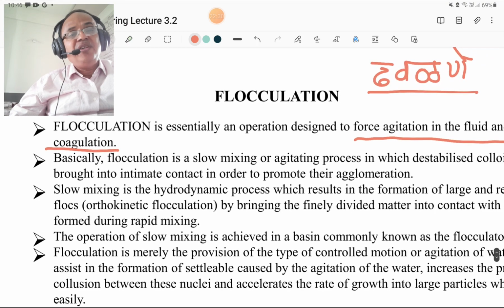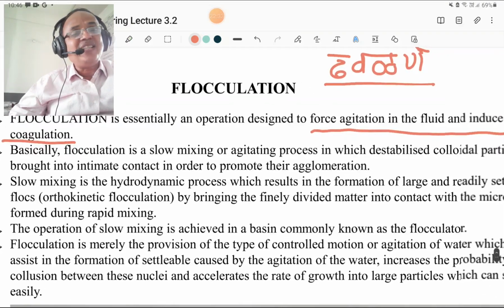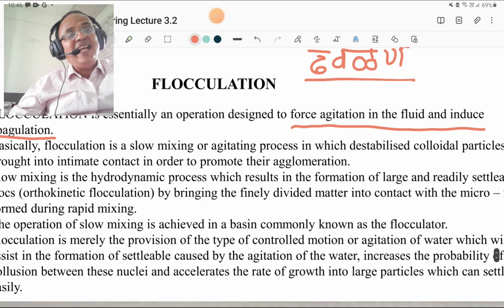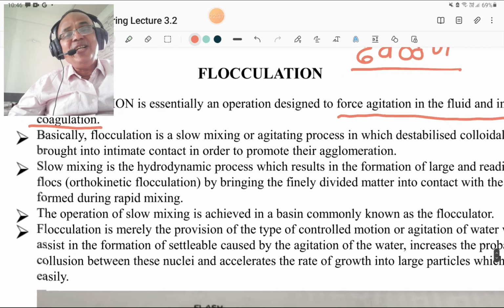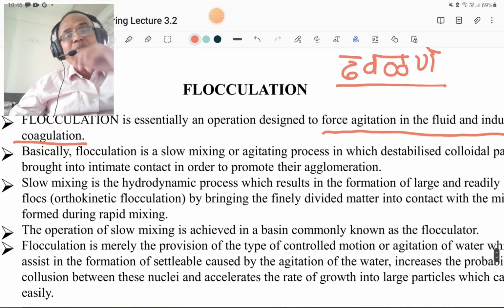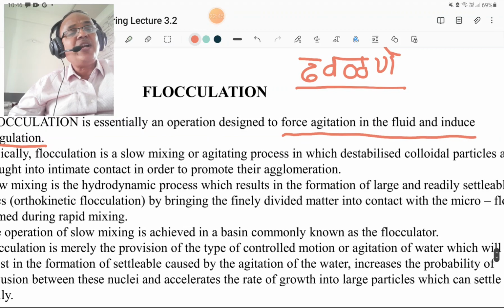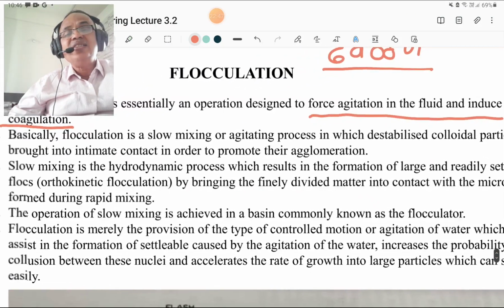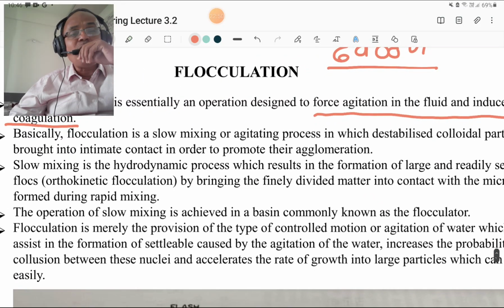Then flocculation. Flocculation is generally an operation designed to force agitation in the fluid and induce coagulation. Basically, flocculation is the slow mixing or agitation process in which destabilized colloidal particles are brought into intimate contact in order to promote their agglomeration.